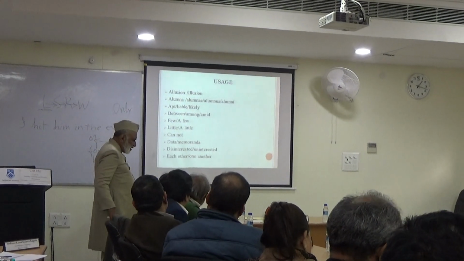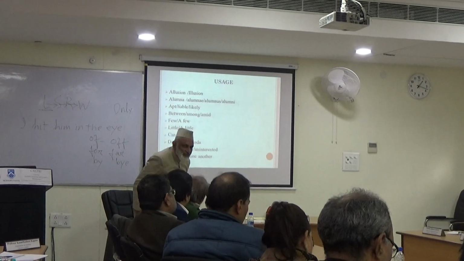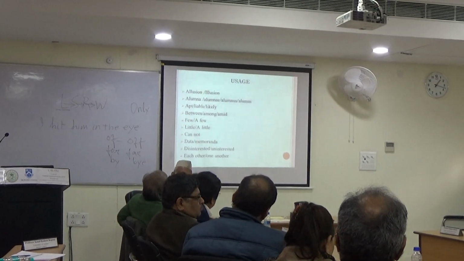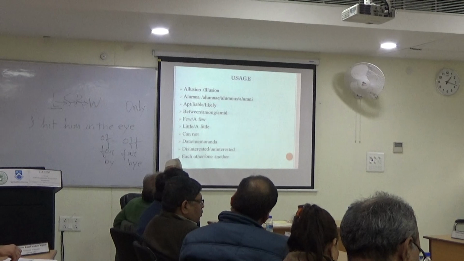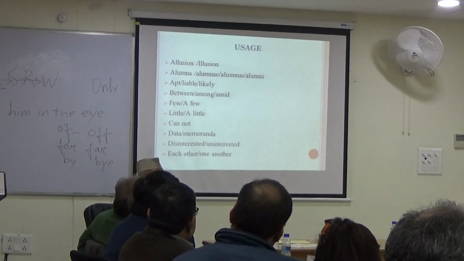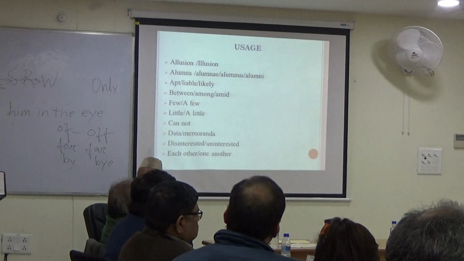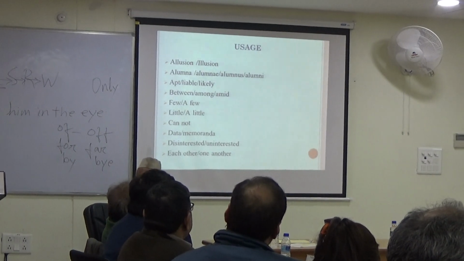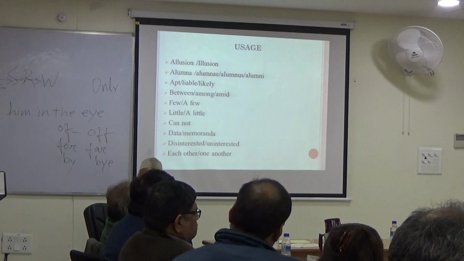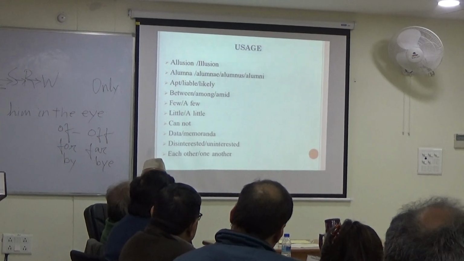Look at the first word, allusion, and the next is illusion. Allusion is to make an indirect reference to something historical. That is allusion. An English poet, Irish poet, W.B. Yeats has written a poem.